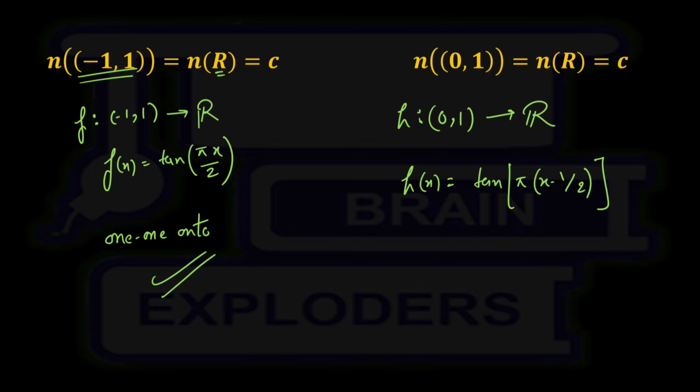This is also a one-one onto function from (0, 1) to real numbers, and you can see that the cardinality of (0, 1) is the same as the cardinality of real numbers. Okay, nice. Let's move forward.